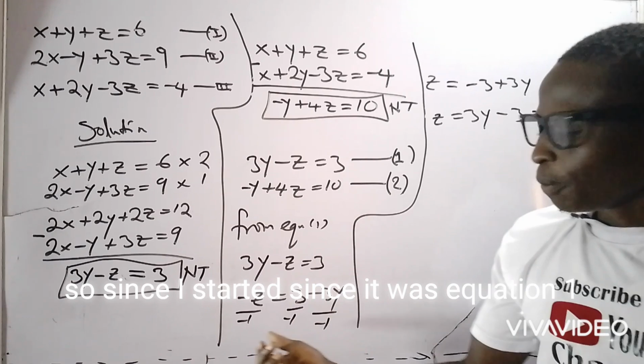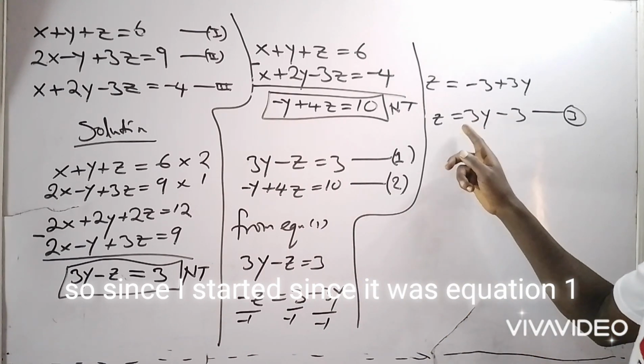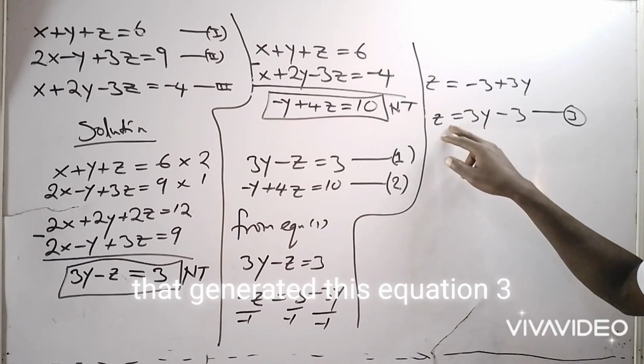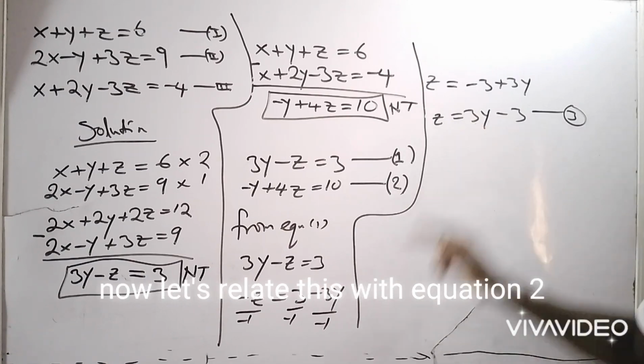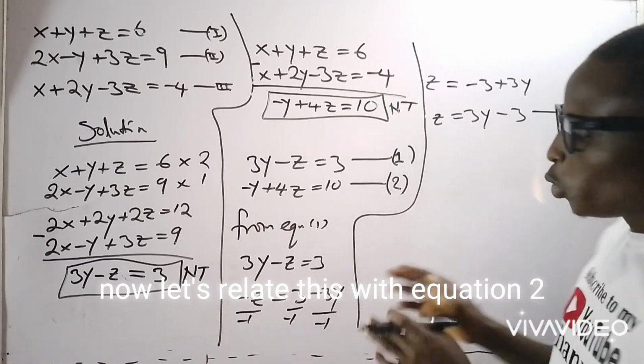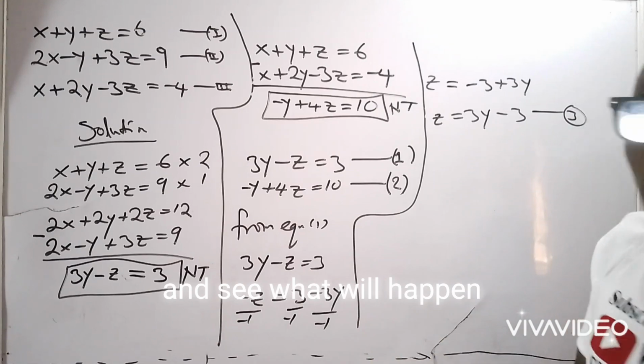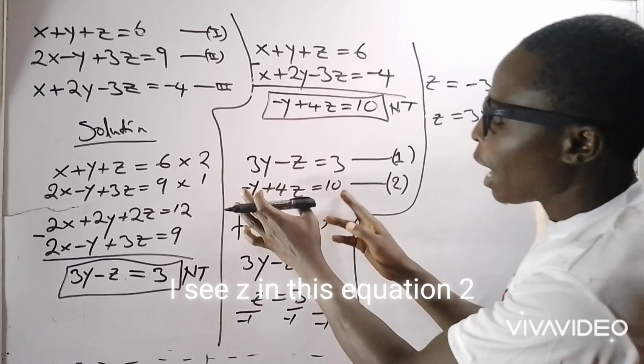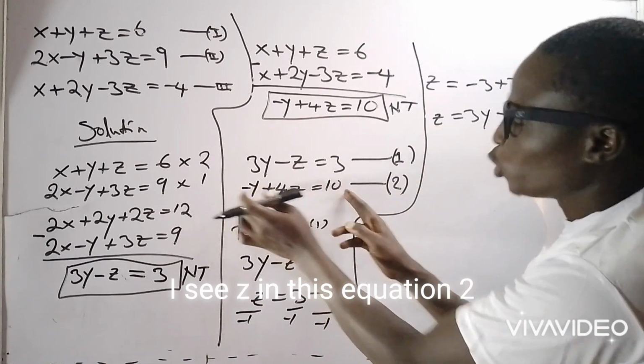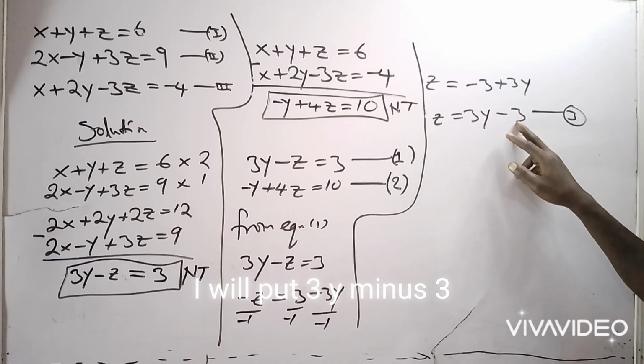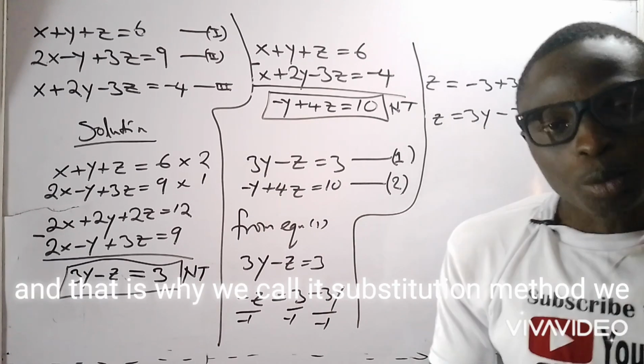Since it was equation 1 that generated equation 3, now let's relate this with equation 2 and see what will happen. Anywhere I see z in equation 2, I will put 3y minus 3, and that is why we call it the substitution method.